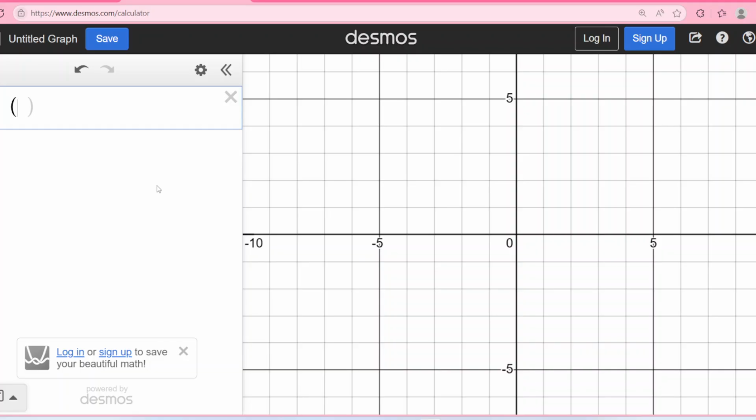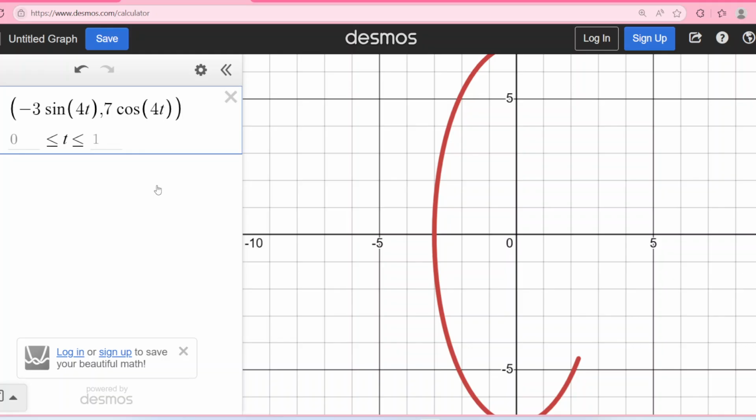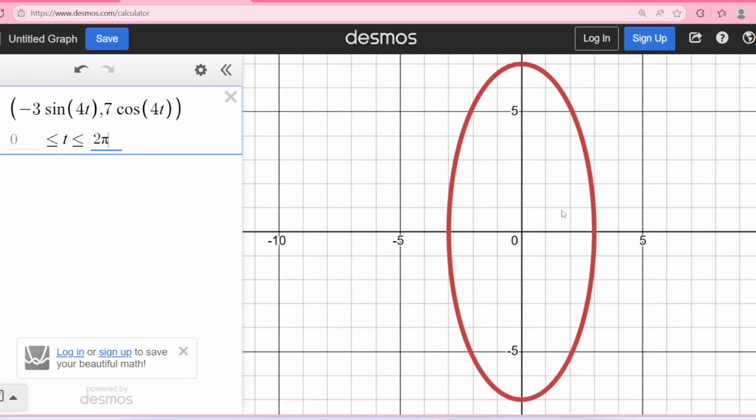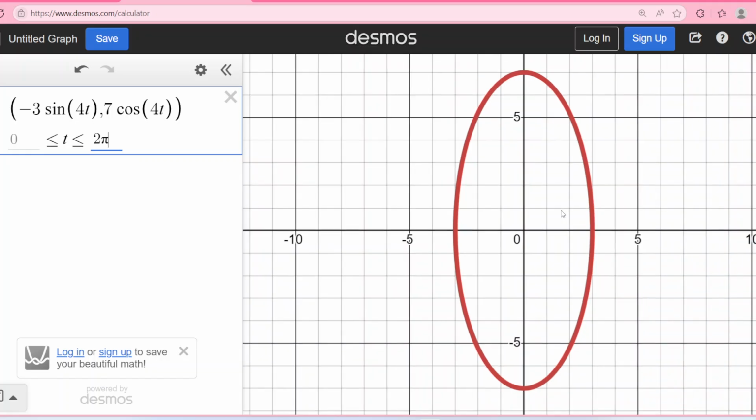When you're entering parametric equations for a curve in Desmos, it's as an ordered pair. So the x coordinate was -3 times the sine of 4t, comma, y coordinate 7 times the cosine of 4t. And then I'm going to just have the t range from 0 to 2 pi, because I know it's going to form an ellipse and all that, right? There's your curve, this oval shape, this ellipse centered at the origin.